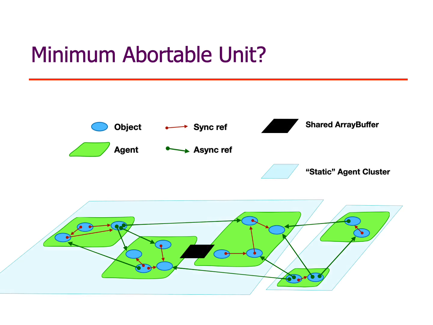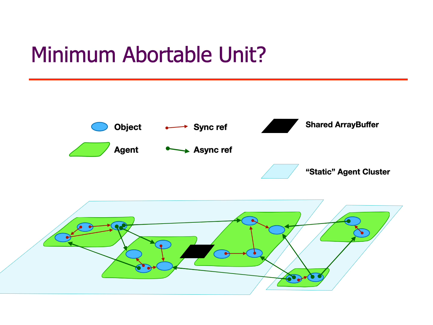With the introduction of shared array buffers, agents could be synchronously coupled to other agents. So the agent cluster, which is what those HTML threads are about, is what we're in this talk calling the static agent cluster, which is all of the agents that might be synchronously coupled to each other because they might share a shared array buffer.